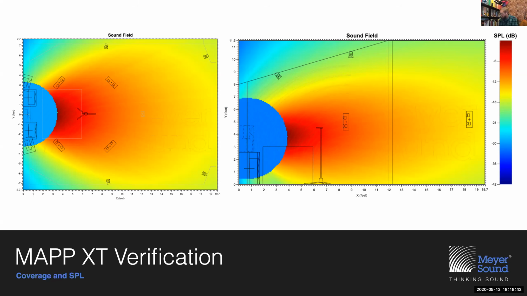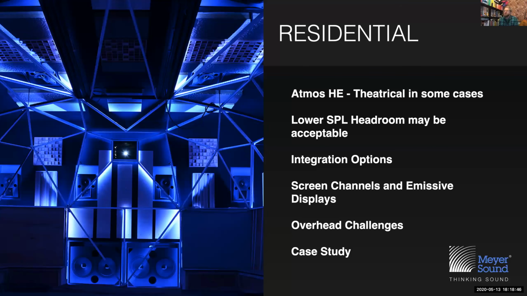So talking about Atmos Home HE kind of leads us into the residential cinema side of things. Those small mix rooms actually tend to be very close to residential cinema. But residential cinema is kind of a huge field, because some of the first residences we were doing were actual content creators, directors, producers, who had seen the stuff in the post-production facilities and said, I want that at my house.